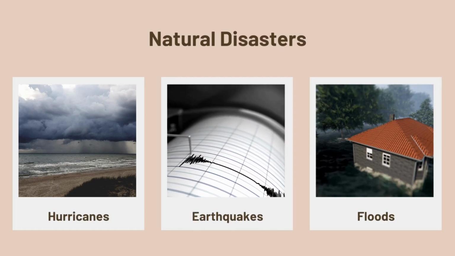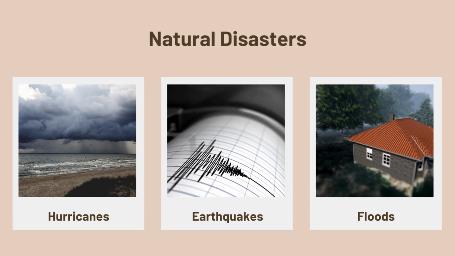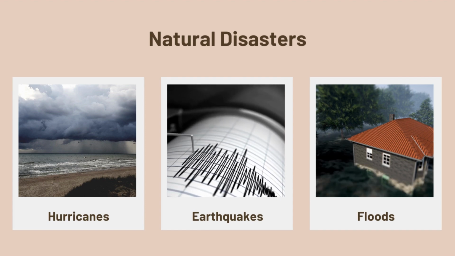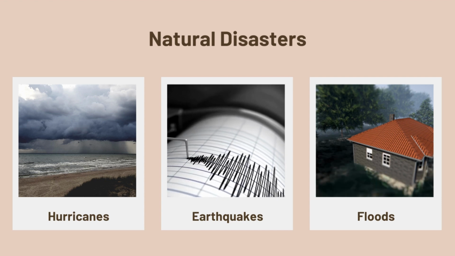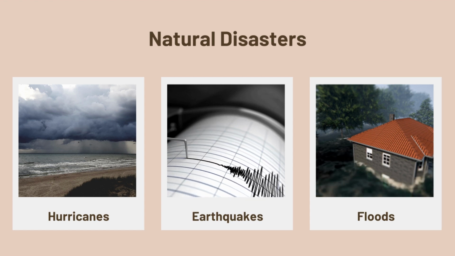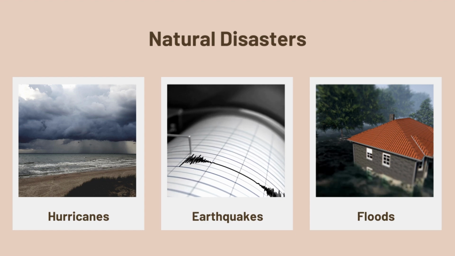Natural disasters are events that occur due to natural processes and can include hurricanes. These are powerful tropical storms with strong winds and heavy rainfall. Earthquakes, sudden shaking or movement of the earth's surface caused by tectonic shifts.